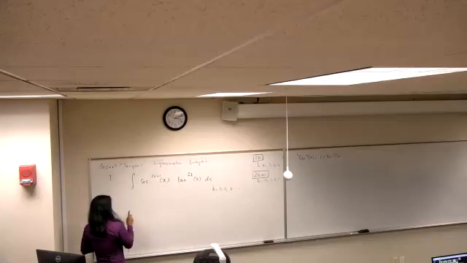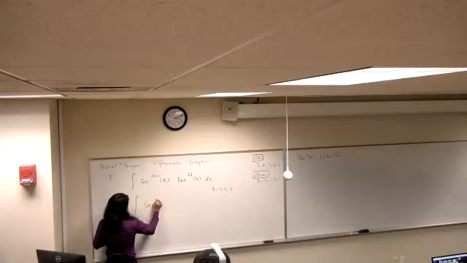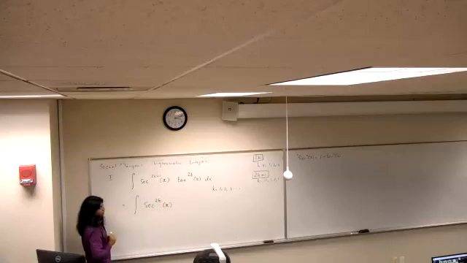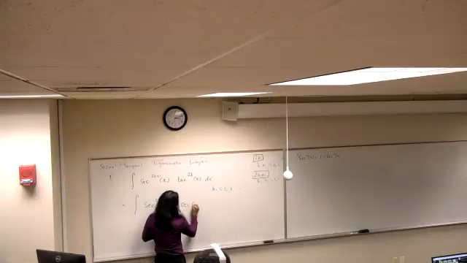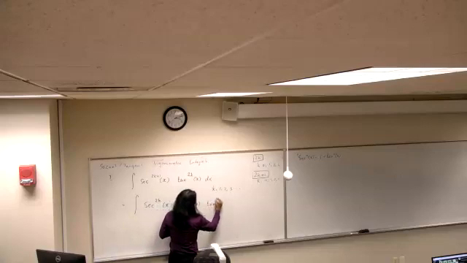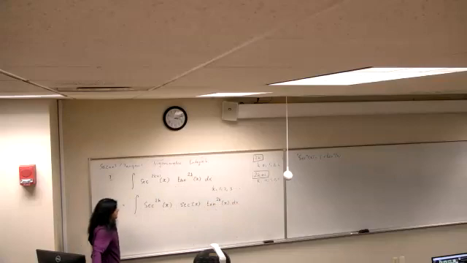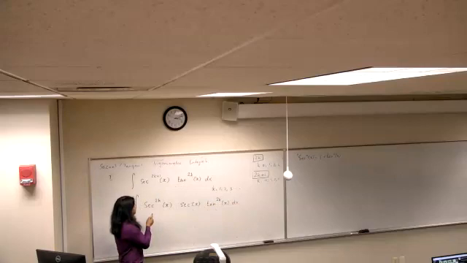We want to get to secant squared x. So, secant raised 2k. At this step, what should you do?